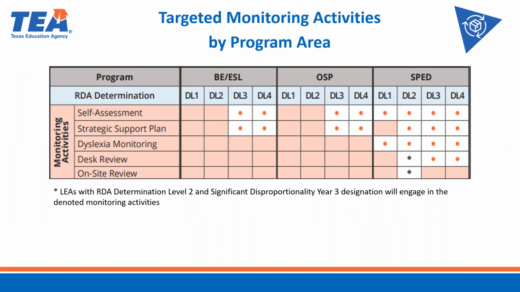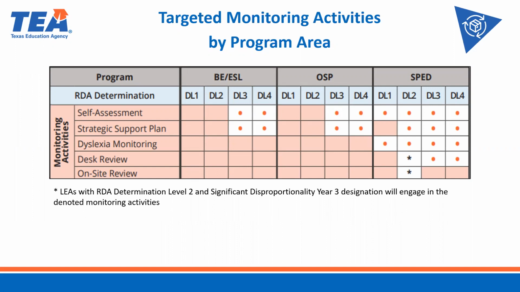in special populations. The special education self-assessment is completed annually by all LEAs, regardless of RDA framework determination level, and is intended to engage leadership teams in proactively addressing special education compliance and improving student performance.